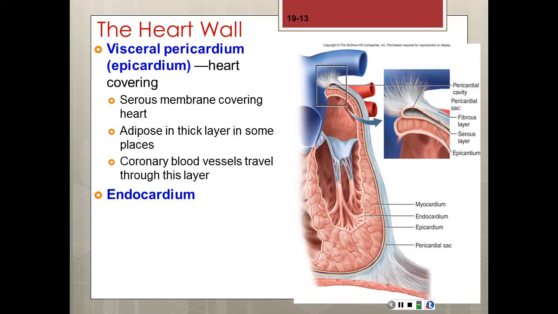Now, in some places it has a thick layer of adipose tissue, but in other areas it is fat-free and translucent, so you're able to see the heart itself. The largest branch of coronary blood vessels travel through the epicardium. There's nothing wrong with having fat within the body. Adipose tissue is good there for insulation.